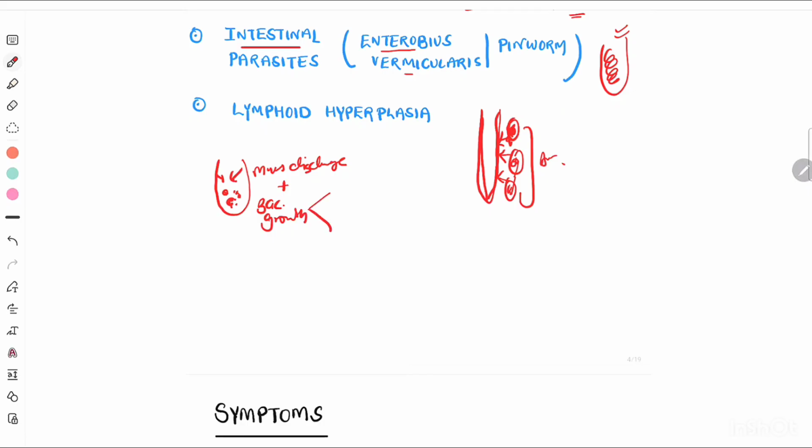Here the one point to remember is the bacteria are aerobic and anaerobic. So this is the mixed infection.